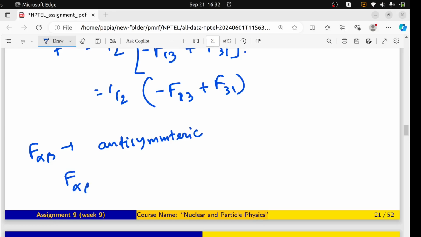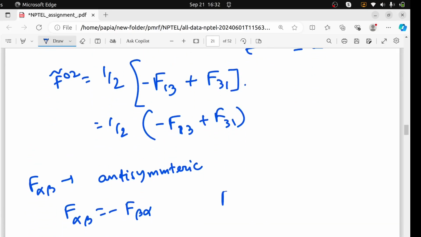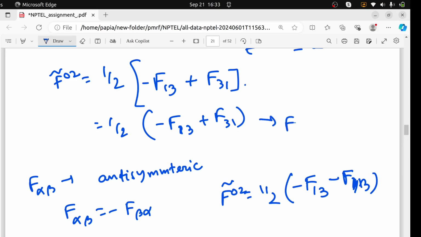So f alpha beta is equal to minus f beta alpha. So if I write here f0 tilde, it will be f13 minus f31. Because for this case f13 equals minus f31. So if I just write f31, then obviously it will be minus of f13.